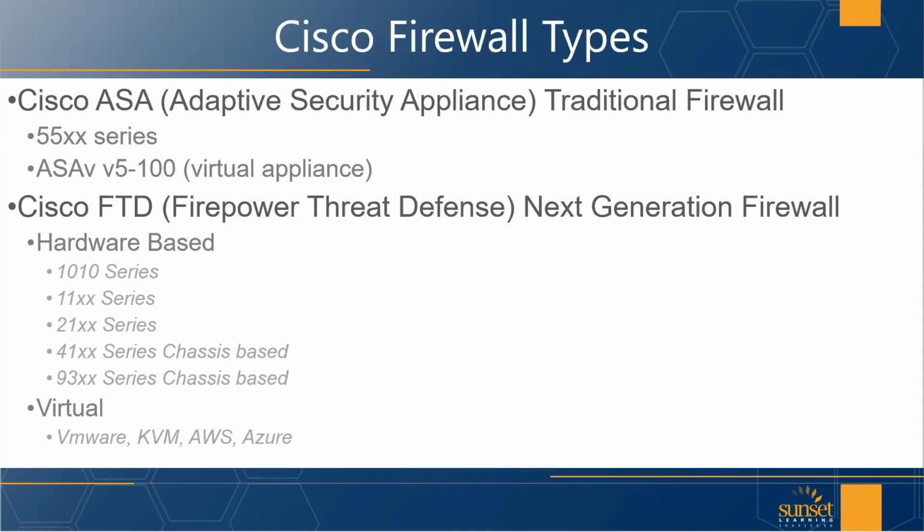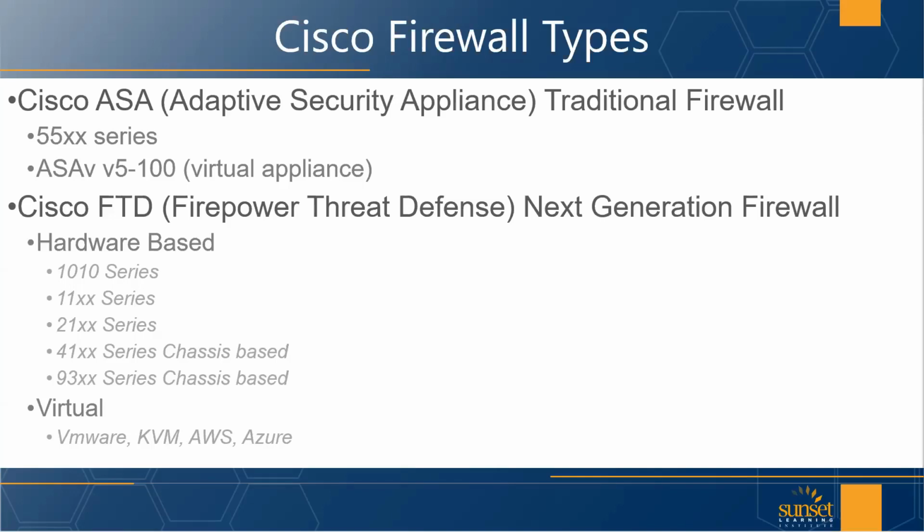In the next generation firewall piece, we have hardware based, which is our 1010 series, 1100 all the way through 9300s. And then I have virtual firewalls that we can run locally on VMware or KVM, or in the cloud, we can run it in AWS Cloud or Azure Cloud. So we have all these different firewall capabilities.